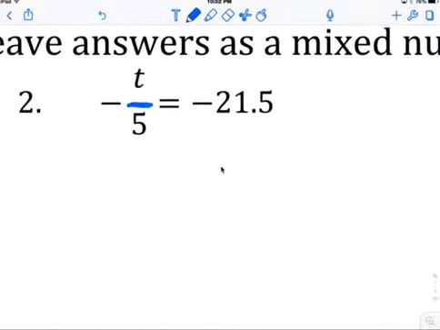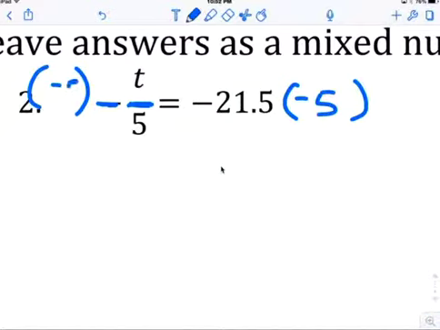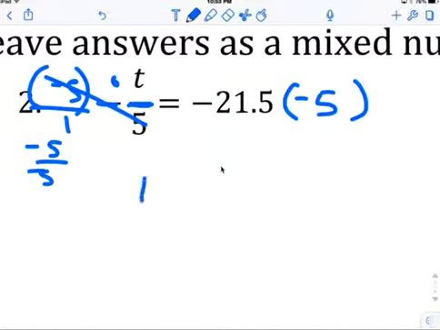This is a division, negative, divide 5. The opposite of divide is multiply. So we multiply this by a negative 5. Multiply this by a negative 5. Okay, negative 5 over negative 5 makes it 1. And 1 times t is t equals 2.